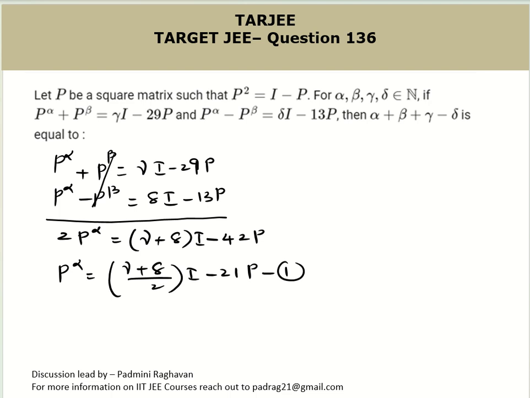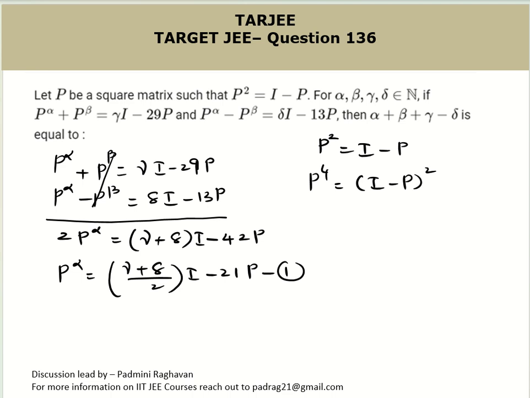Let us use the relation P square is equal to I minus P. We are looking for a minus 21P, but P square has only a minus P. That means it should be a higher power of P. P power alpha should be more than P square. So let's square on both sides. We get P power 4 is equal to (I minus P) the whole square.